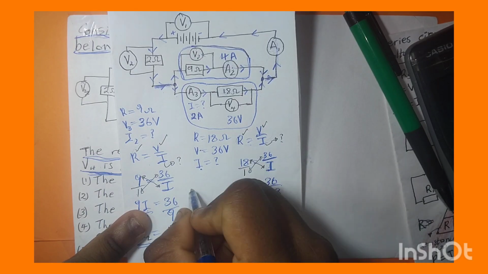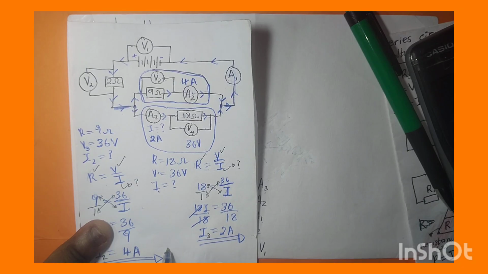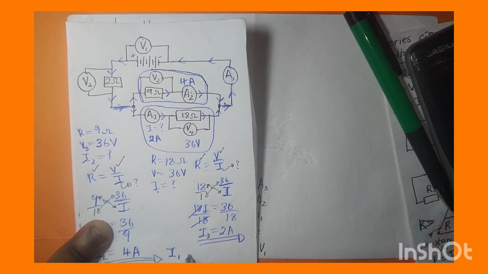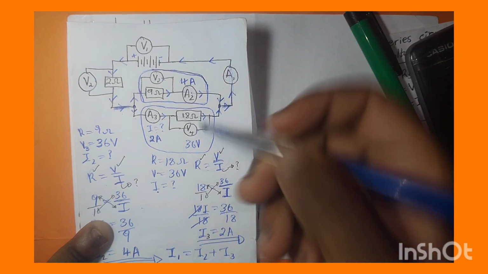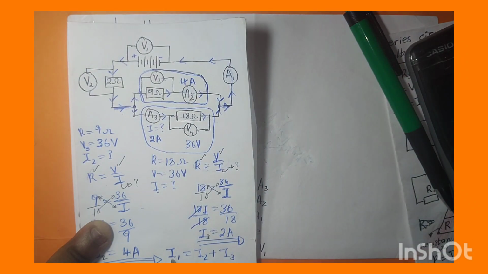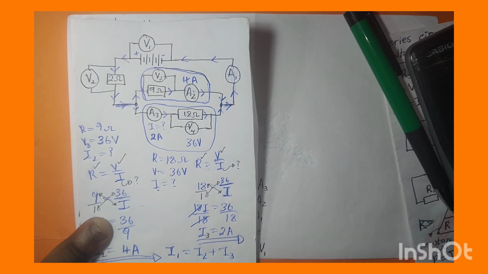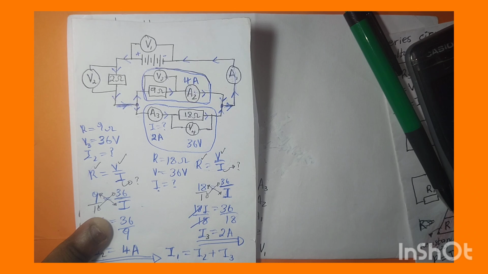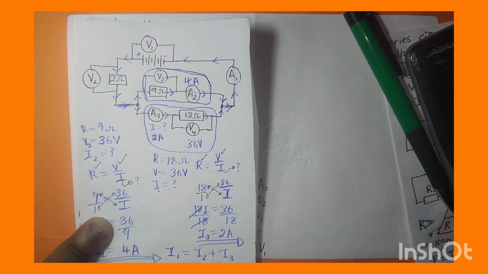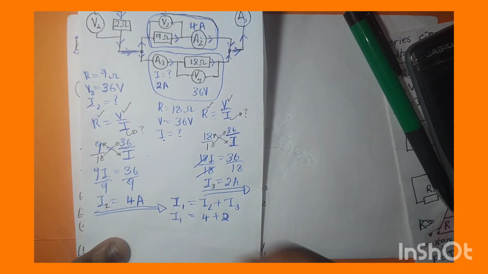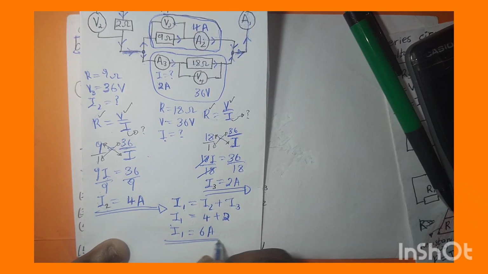You say that the current of A1 is equal to current 2 plus current 3. Those two currents will form current 1. Current 2 is 4 amperes, then current 3 is 2 amperes. So simply, current 1 will be 6 amperes.